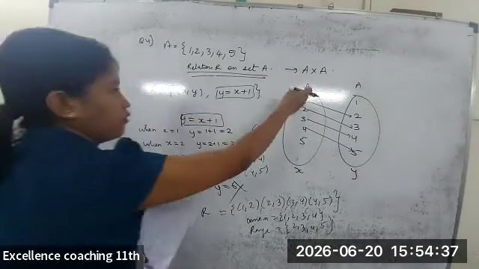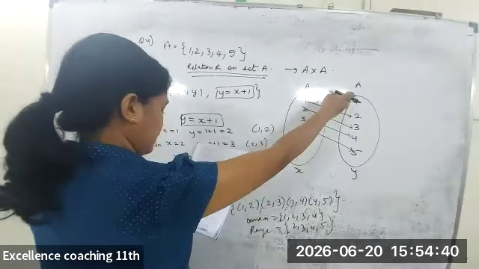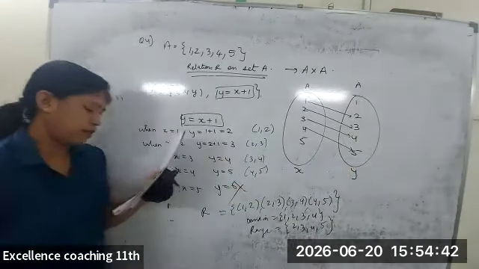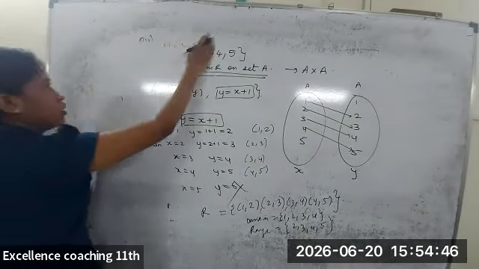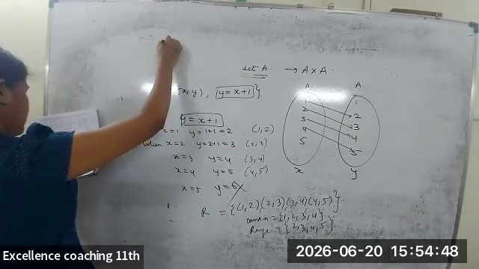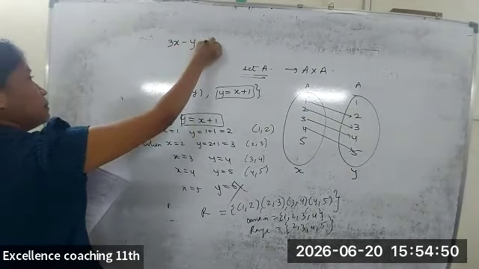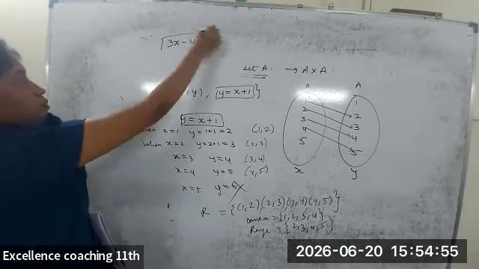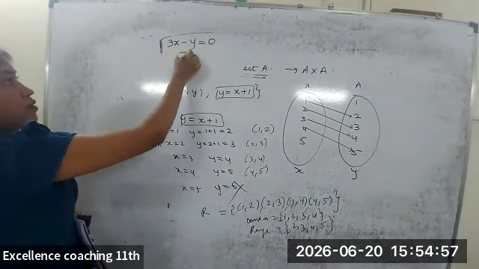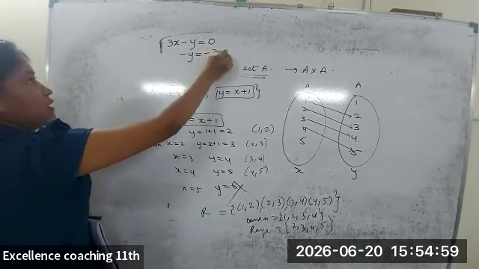Same. A is now 1 to 14. Again, A will be from 1 to 14 only because the relation is from A to A. And the formula given to you all is 3x minus y. Basically, the y value we have to find. So while those are already solving, take it like this.